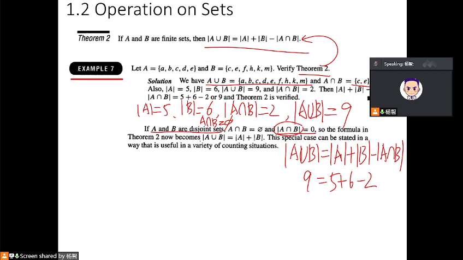Then formula 2 changes to this type, because this part is equal to 0. Okay, I think it's not hard to understand, so we turn to the next page.